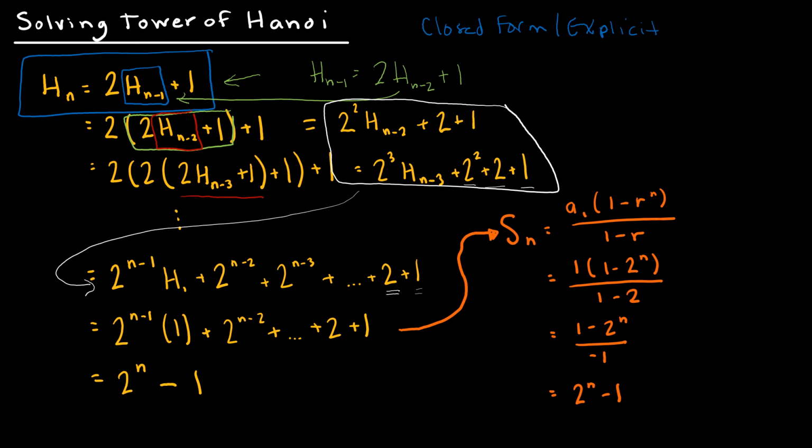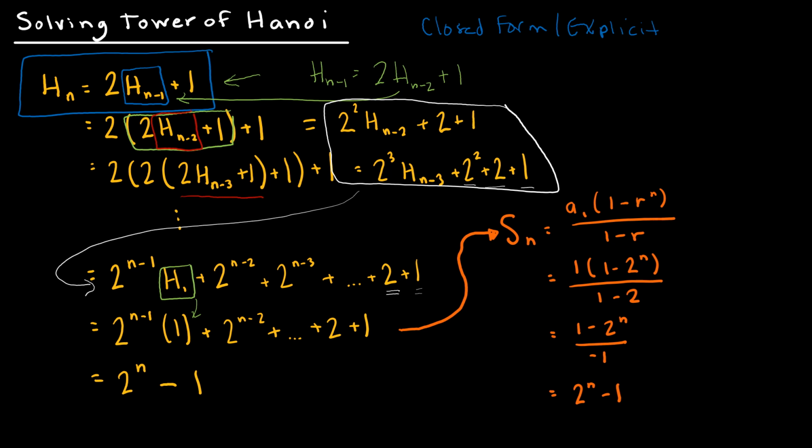And notice now all I'm going to do is replace this h1 with the value for h1, which we determined just a moment ago, that it was just one move to take one disk and move it to the proper position. So I've replaced h1 with 1.